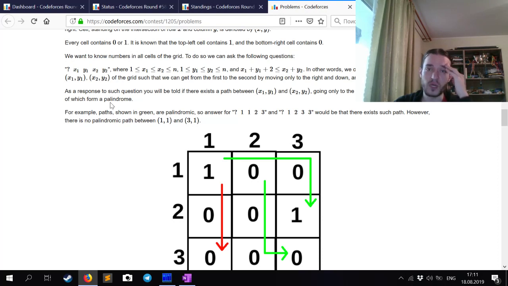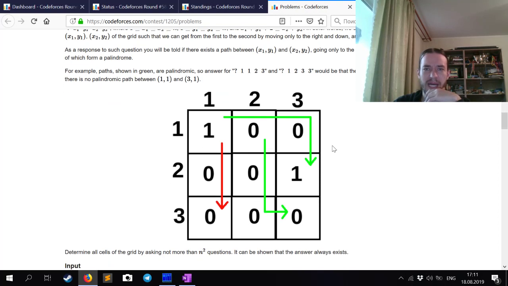If there exists a path that is a palindrome.